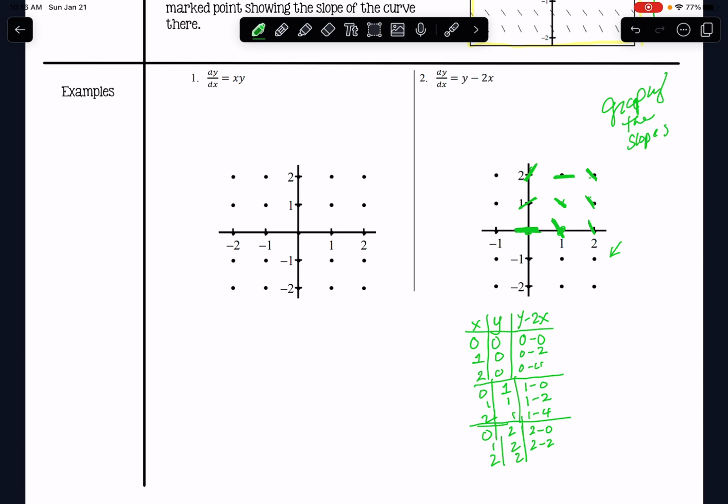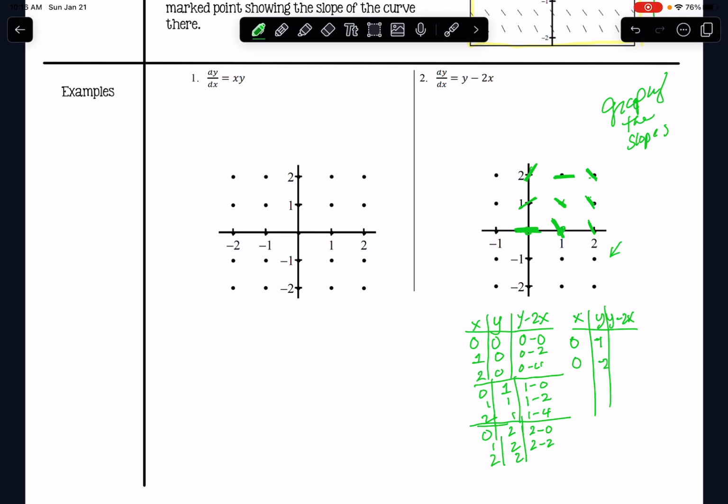So let's see, the next one would be, I'll do it again, x, y, and y minus 2x. Whoops. So I'm going to do, x is 0, y is negative 1, and negative 2.